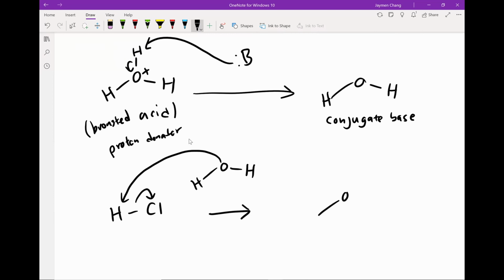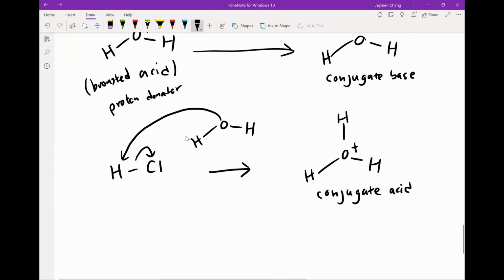Now we form a conjugate acid. Now this is what we're going to call the Bronsted base. So you guys know the difference between the proton acceptor and proton donator, right? Just let me know in chat if that's clear to you guys.